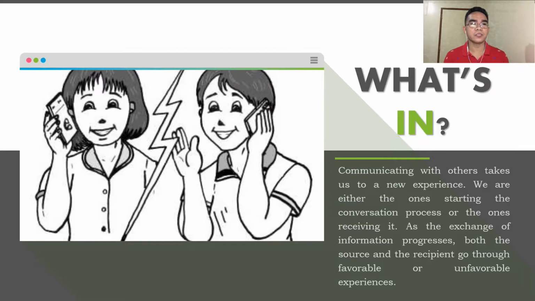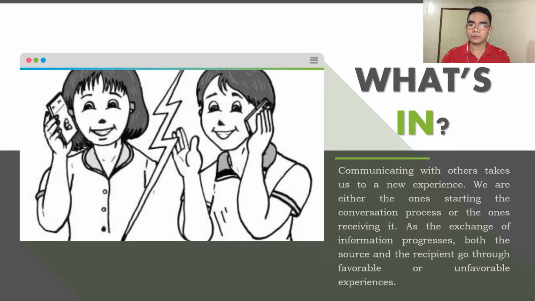Sometimes we are talking to someone else in a favorable condition, where everything is favorable both to the sender and the receiver. And sometimes we have misunderstandings, or failure in delivering the meaning of a certain message or information. That is considered an unfavorable condition because the result is unacceptable or failing.